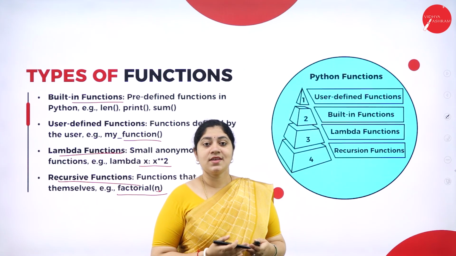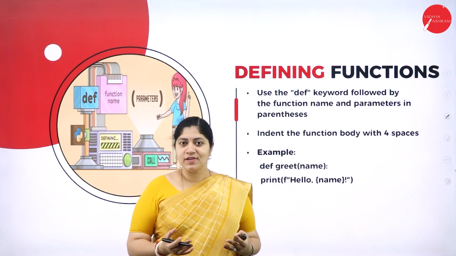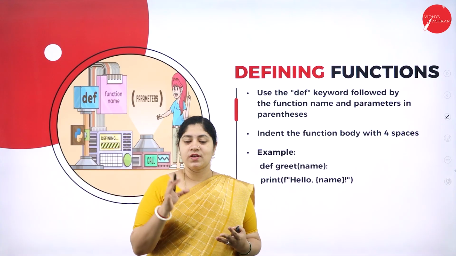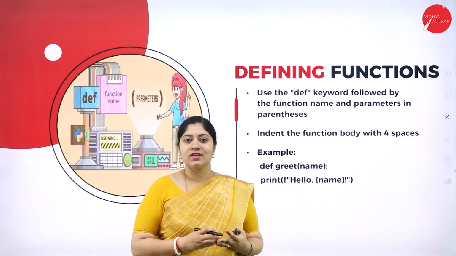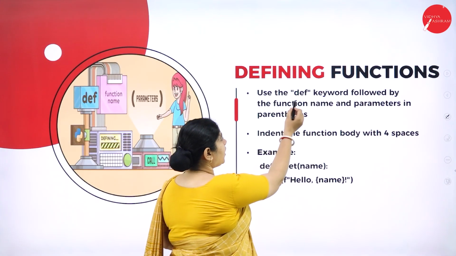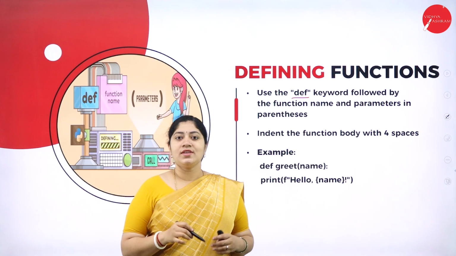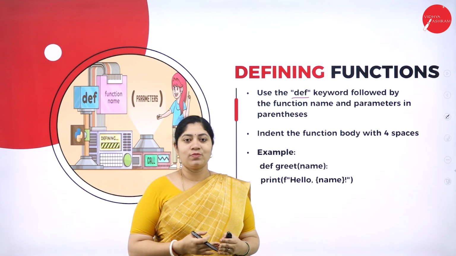Up next, let's see how to define a function. It is very simple. As we know, to define a function, the keyword that we can utilize here is none other than def, that is the define keyword, which is utilized to define any function in Python programming.